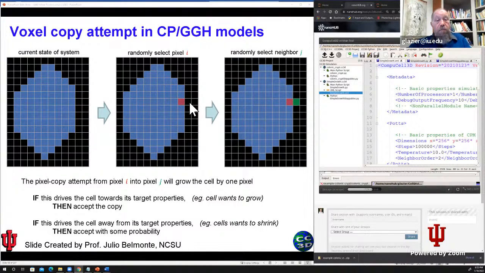If this copy brings the cell closer to satisfying its constraints, then we're going to do it. If this copy is going to make the cell move farther from its constraints, we might say don't do it at all. And if we did that, we would discover that our system would get stuck.